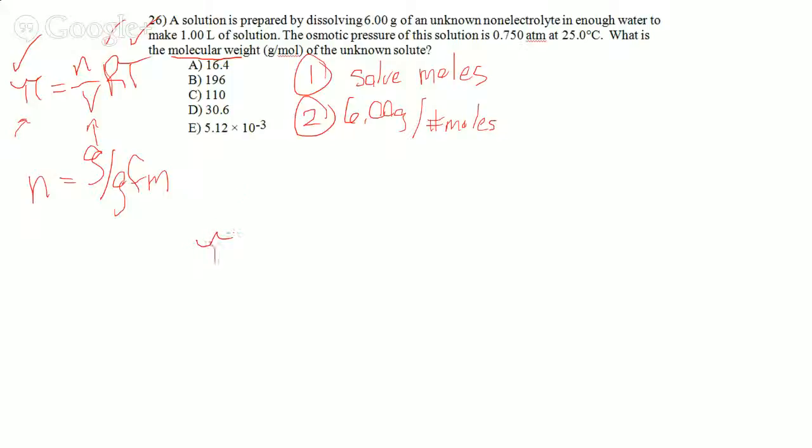So I'm going to combine those equations into one equation. Then I don't have to keep rounding and stuff, and I can just plug it into the calculator all at once, right? So now the only thing I'm solving for is GFM.